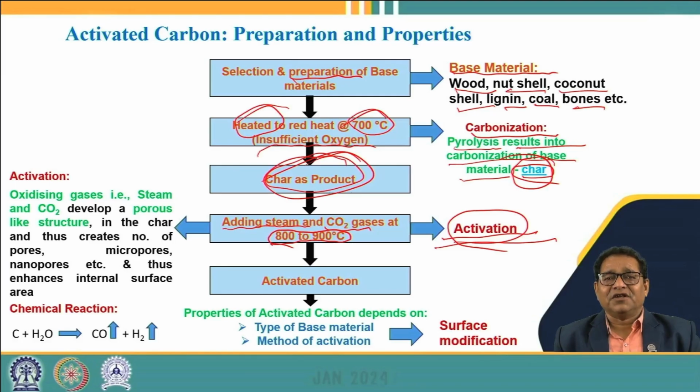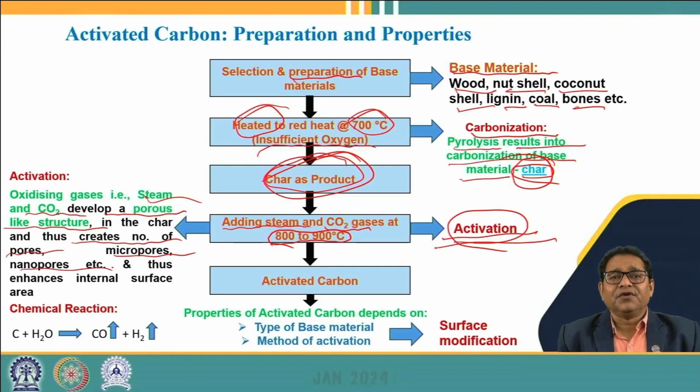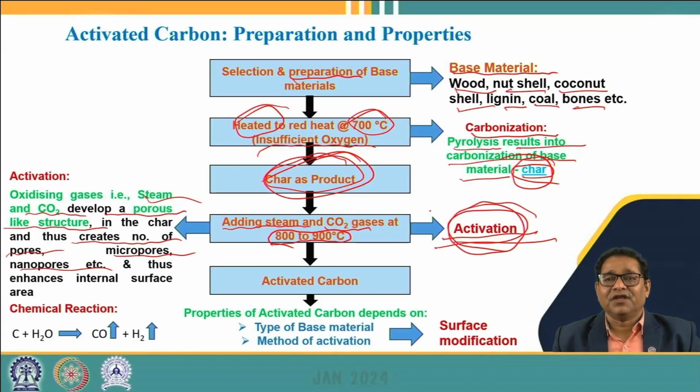The char material is kept in a muffle furnace and heated to around 800 to 900 degrees centigrade, and then exposed to oxidizing gases like steam or carbon dioxide, which develop a porous structure in the char and create a number of pores, micropores, nanopores, different sizes of pores, which enhances its internal surface area. So this process of activation is very important to increase the specific surface area of the adsorbent.